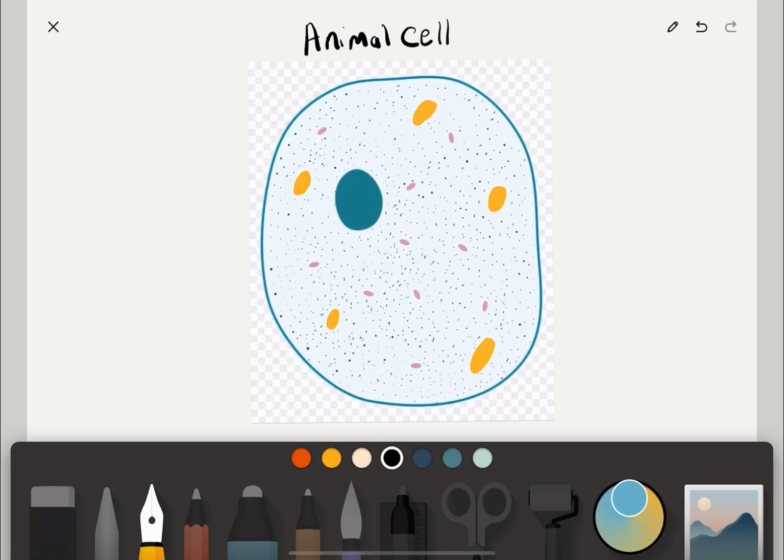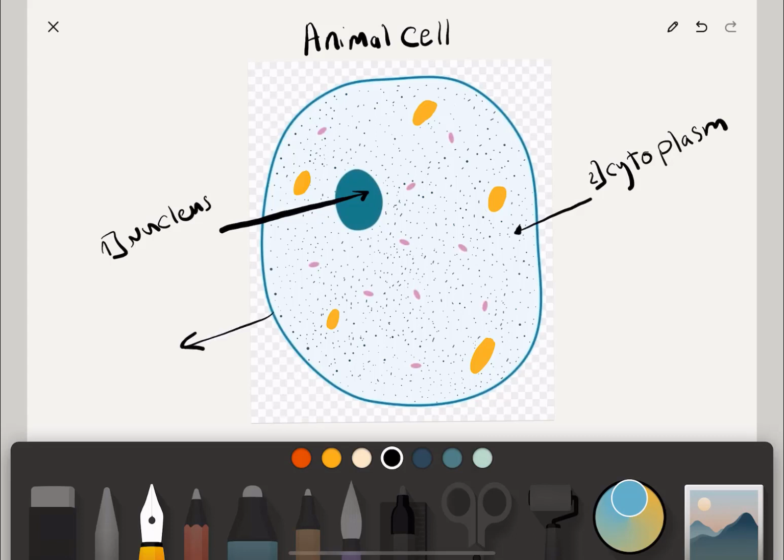This is the structure of animal cell. This part is called nucleus. And these small points are a fluid inside the animal cell, which is called cytoplasm. The outer wall is called plasma or cell membrane.